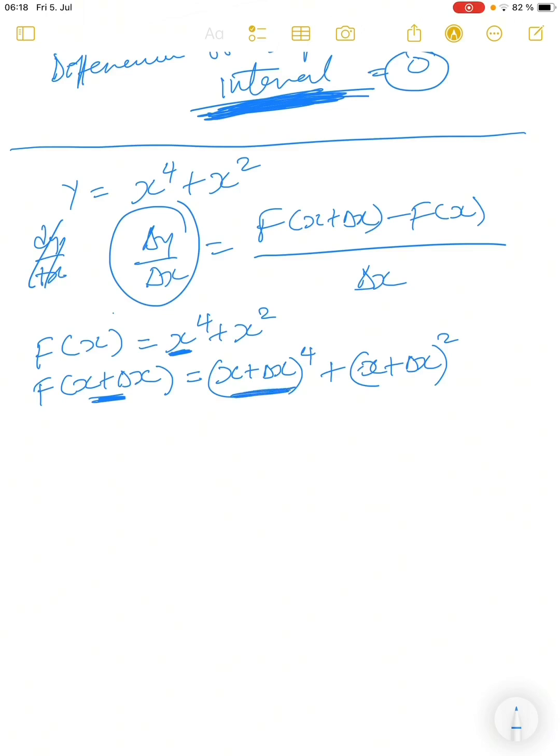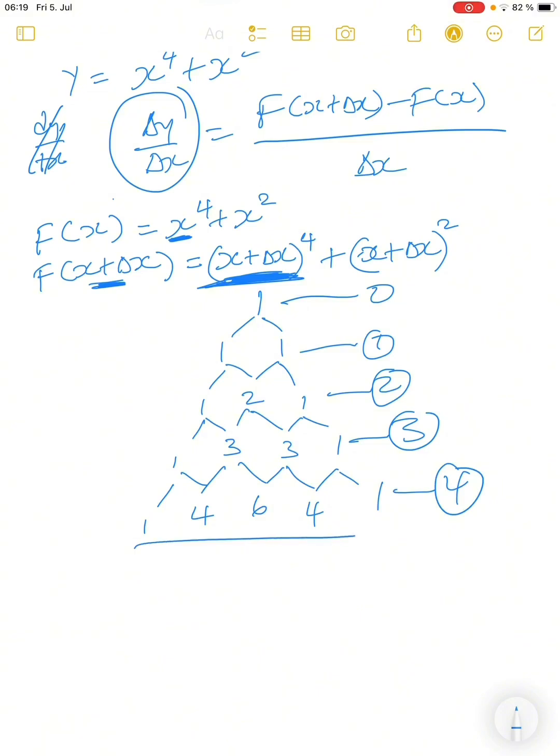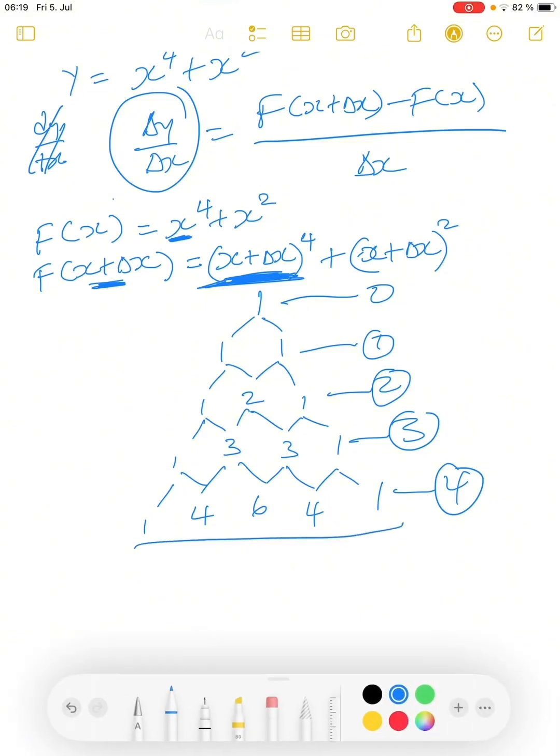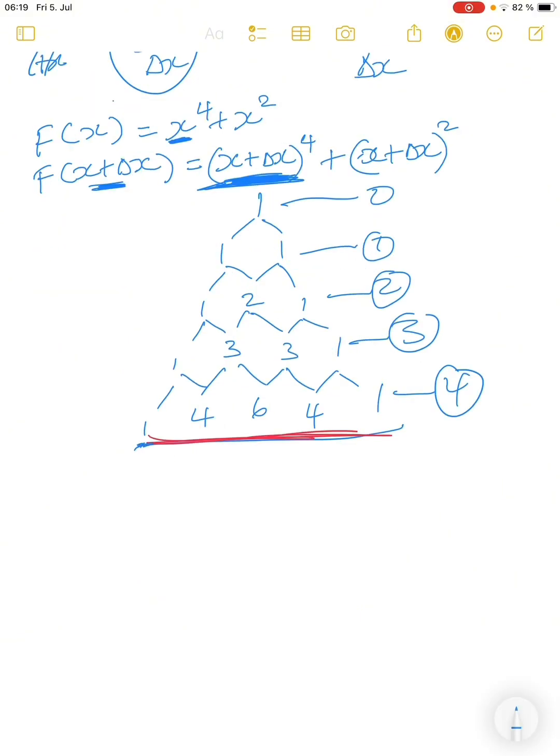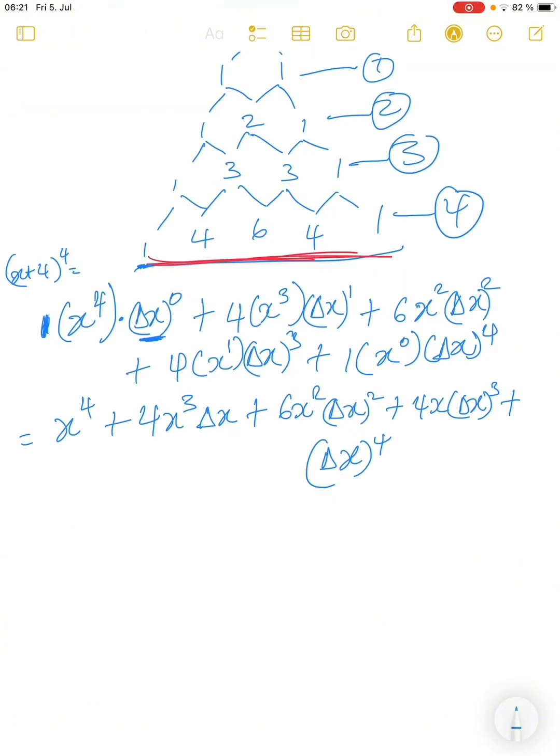If we expand this, we can expand it using Pascal's triangle. For this power, we are going to use this expression. The first one goes with 1, which is 1 times x power 4 times delta x power 0. Also our x plus delta x squared.